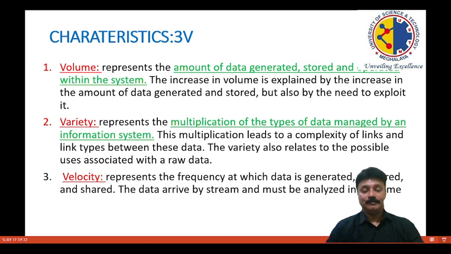This multiplication leads to a complexity of links and link types between these data. The variety also relates to the possible uses associated with the raw data. Velocity represents the frequency at which data is generated, captured, and shared. The data arrive by stream and must be analyzed in real time, and it will support real-time environment decision making.